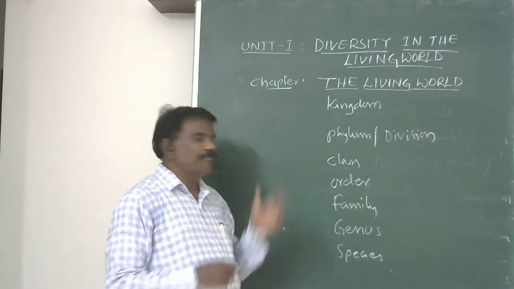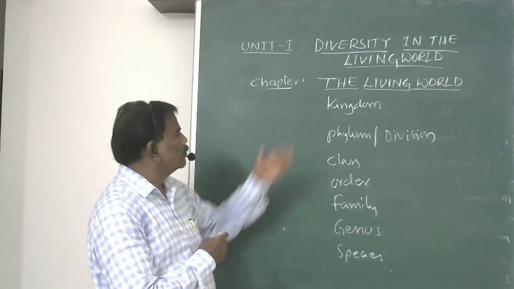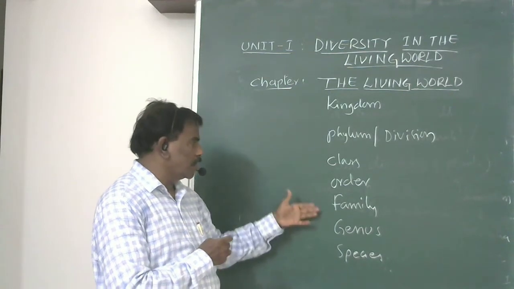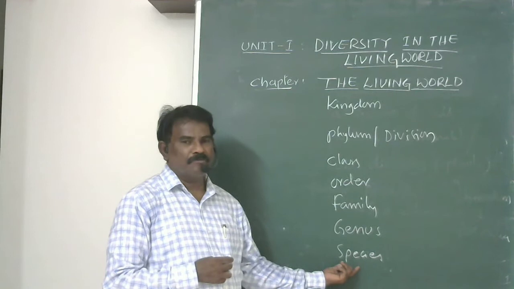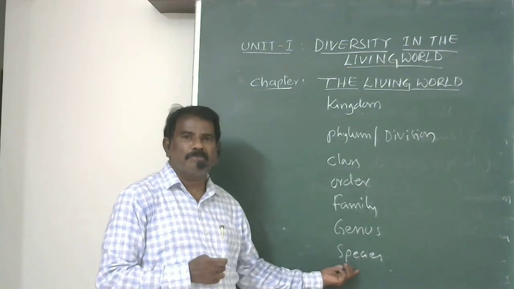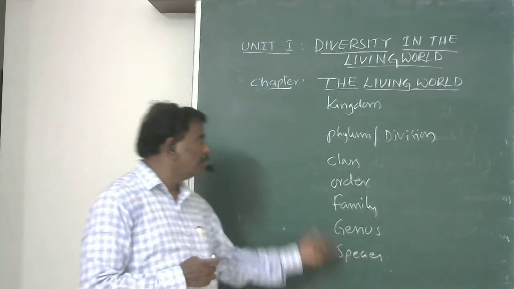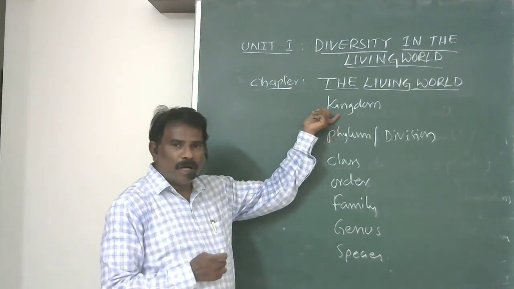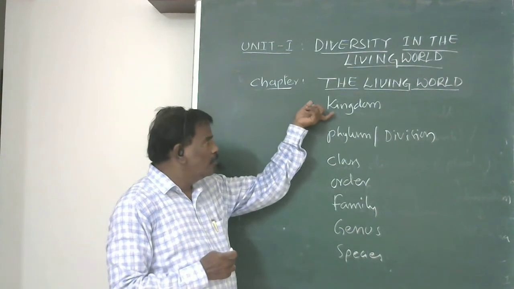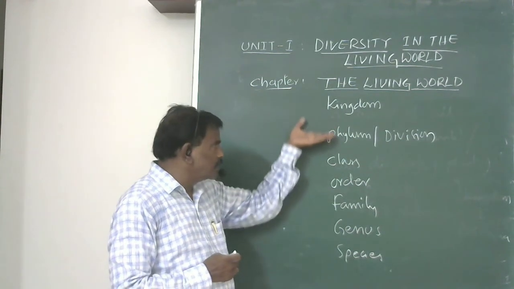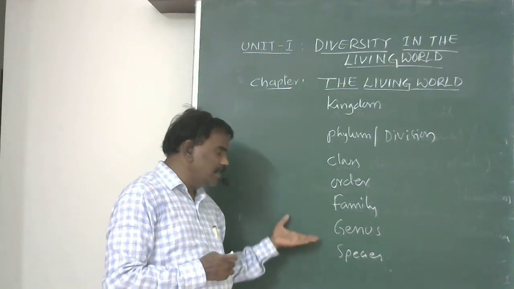When we start to divide from kingdom to species, we step down from the highest rank, kingdom, to phylum, phylum to class, class to order, family, genus, and species.